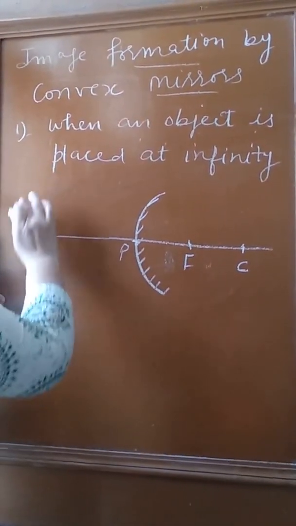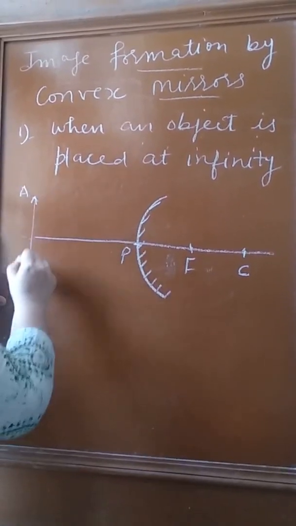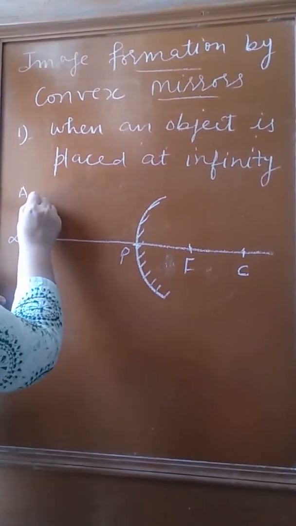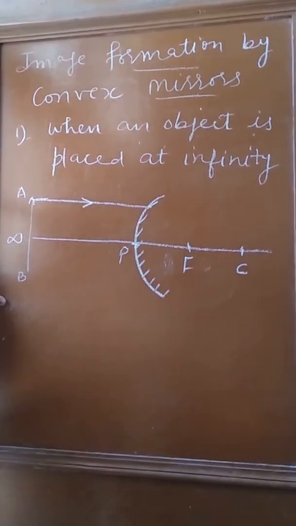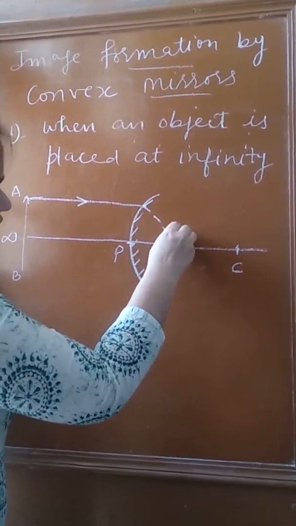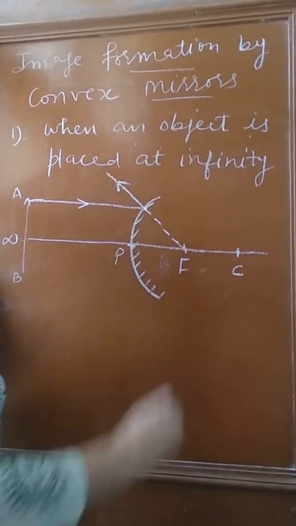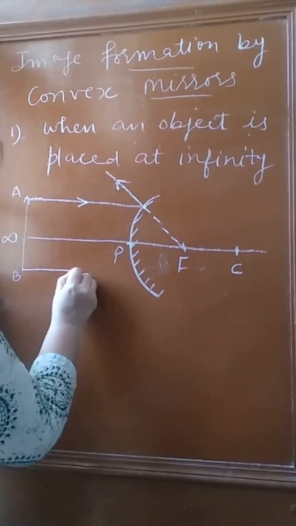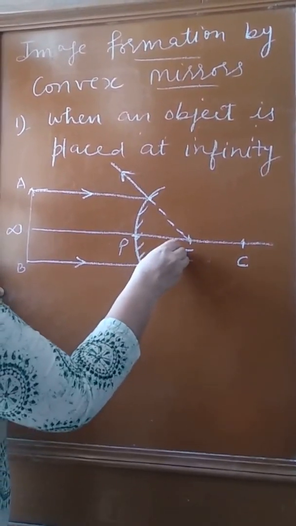Now, when an object is placed at infinity, the rays parallel to the principal axis appear to diverge from a point, from the focus of the convex mirror.